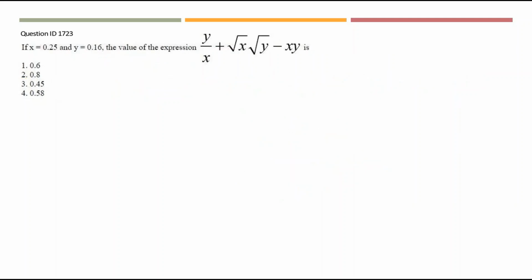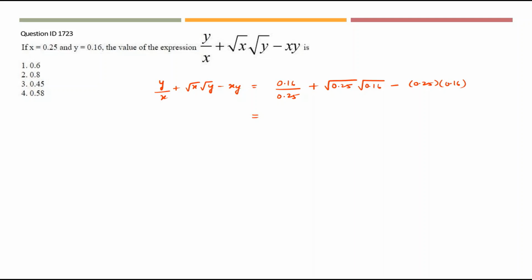Next question, if x is equal to 0.25 and y is equal to 0.16, the value of the expression y by x plus root of x into root of y minus xy is equal to y is 0.16, x is 0.25 plus root of 0.25 into root of 0.16 minus 0.25 into 0.16.